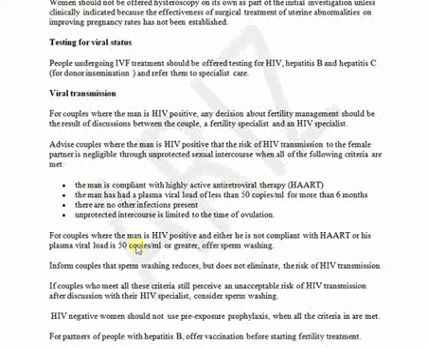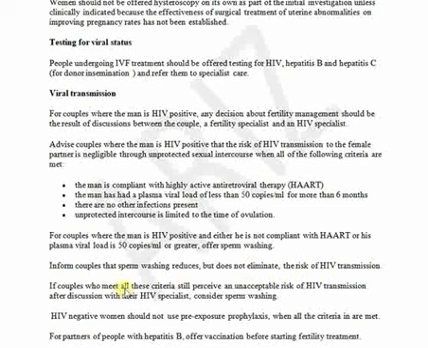For couples where the man is HIV positive and either he is not compliant with HAART or his plasma viral load is 50 copies per milliliter or greater, offer sperm washing. Inform couples that sperm washing reduces but does not eliminate the risk of HIV transmission.